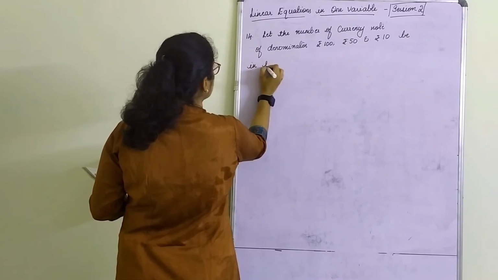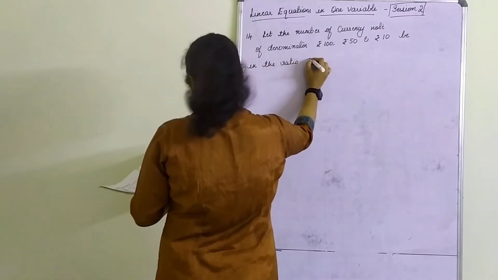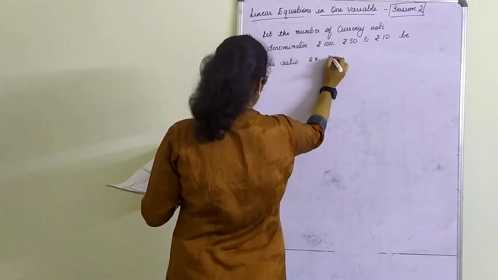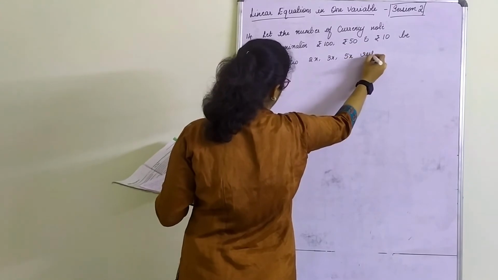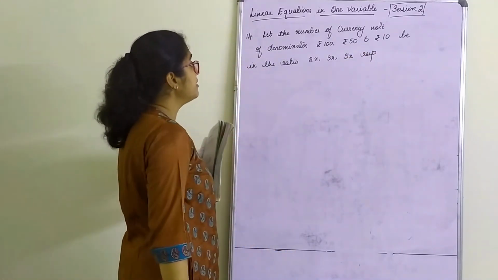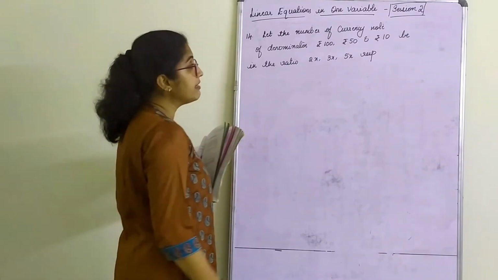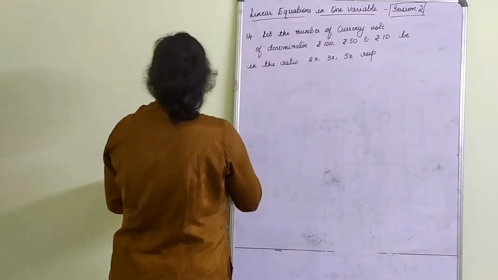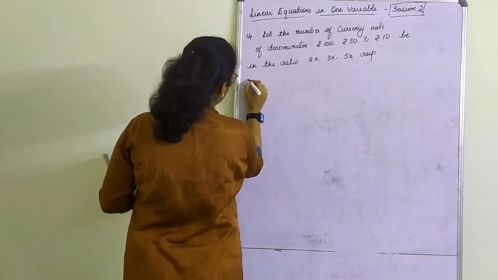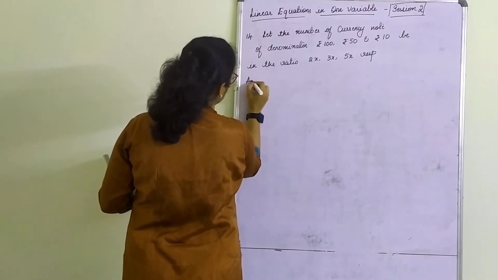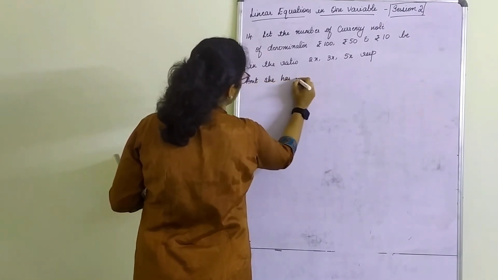In the ratio, what ratio they have given? 2x, 3x and 5x respectively. That means 100 we have in the denomination of 2x, 50 in terms of 3x and 10 in terms of 5x respectively. Let us see what amount she has with her.